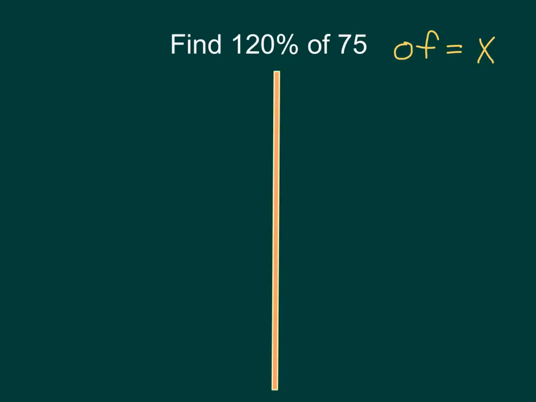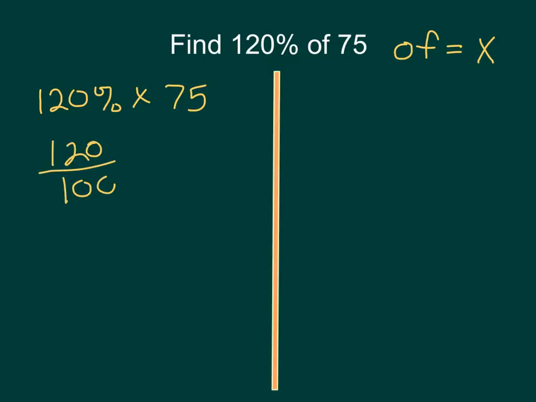Okay, so let's look at how we would solve this type of problem using the two ways we just looked at. Remember, "of" means times, so 120% of 75. If I wanted to write this 120% as a fraction, I would do 120 per 100 times 75, and I want to put that as a fraction, so I do 75 over 1, and now I've set it up and I'm ready to multiply.